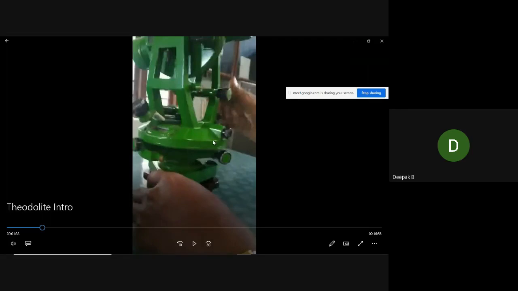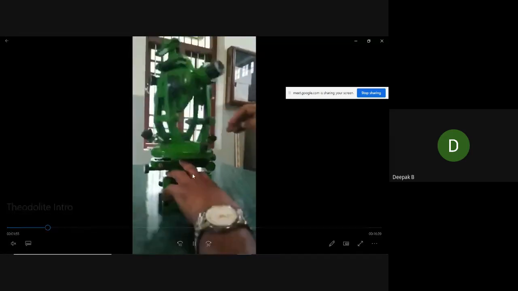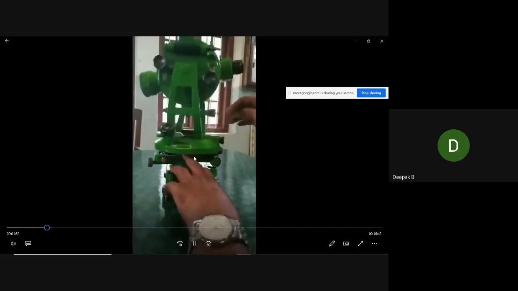There is a difference when that happens, and that is the difference in reading. We'll come to that. And so this lower plate has a screw, that is a fixing screw. The upper plate also has a fixing screw. And as you can see, the lab staff is now rotating only the upper plate. I'll just rewind. This is important, that is why I'm showing you again. He's fixing the lower plate and rotating only the upper part. He's rotating the upper plate.